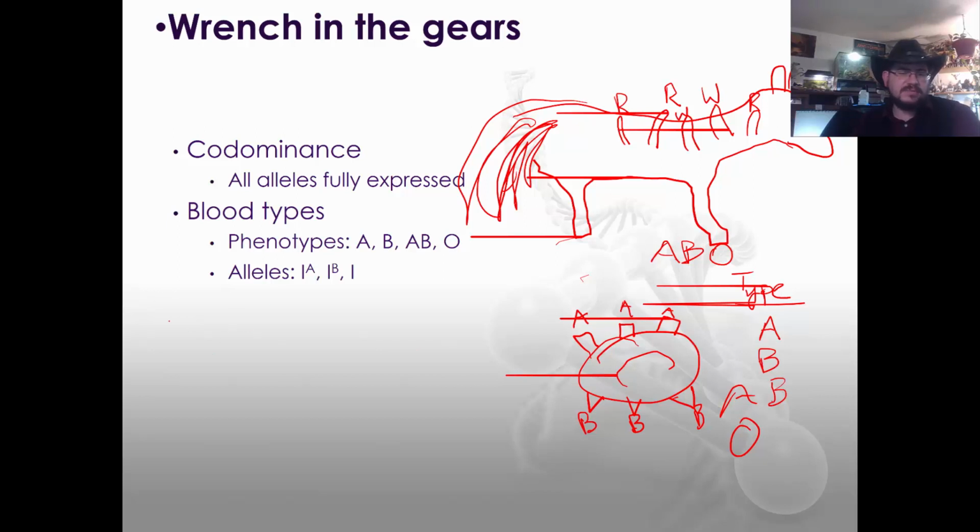Codominance in red blood cells means that if you have alleles for A, you express A. Remember, we've got to have two alleles. So you'd have an IA, IA. This would produce a blood type, and so our red blood cell would have A proteins all over it.